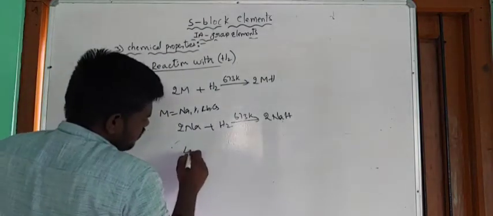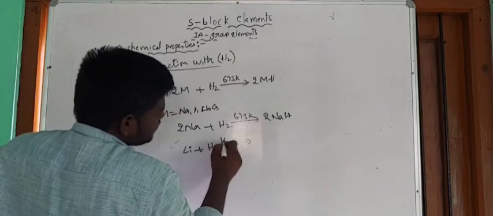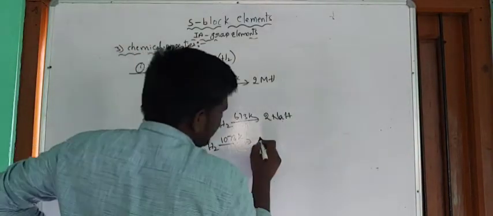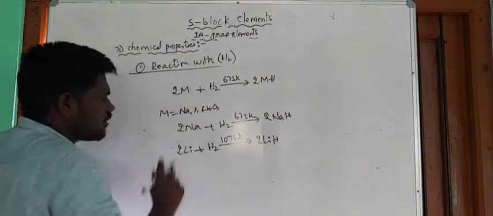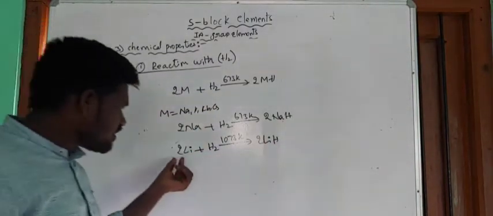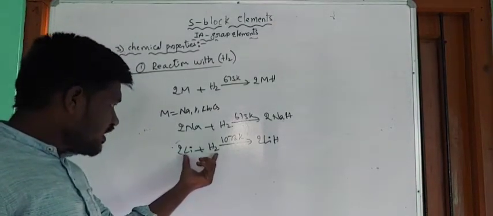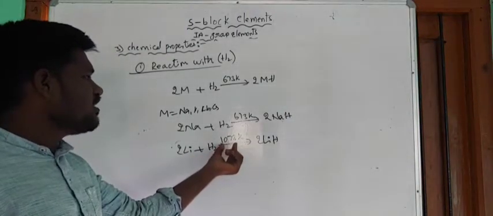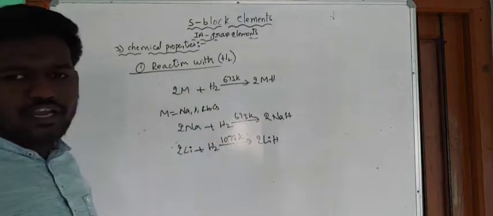Now lithium also reacts with hydrogen. This one reacts at 1073 kelvins temperature and gives 2 moles of LiH. Because of the very small size of lithium and hydrogen, in order to bring them in contact, we need to supply more energy compared with the remaining metals reacting with hydrogen.